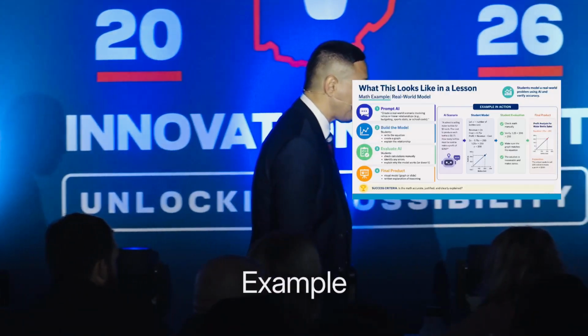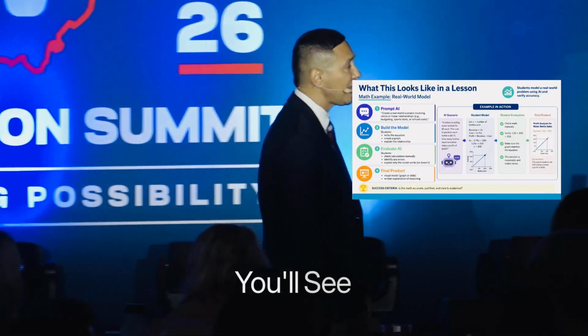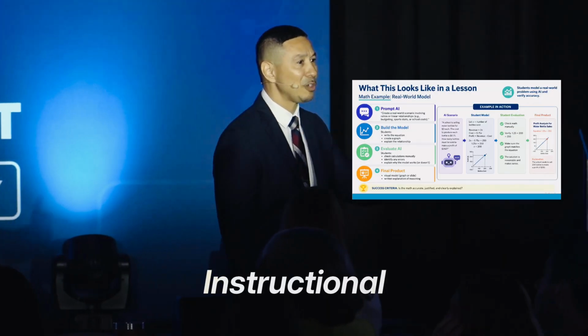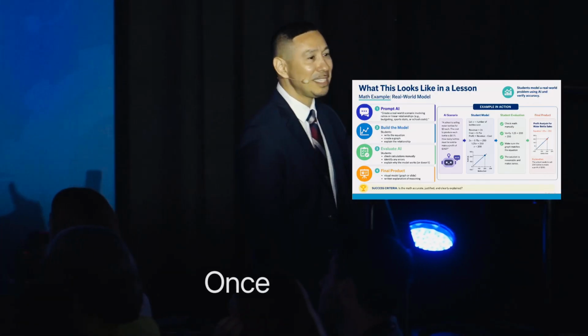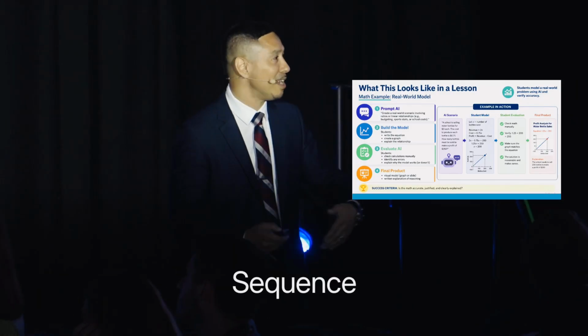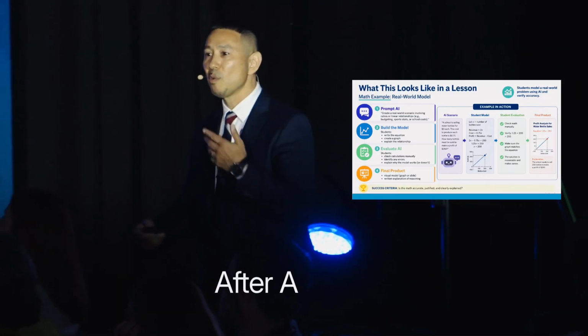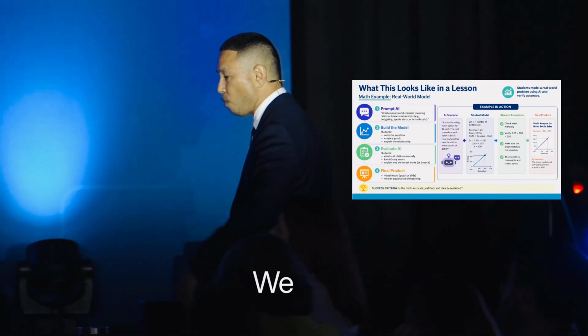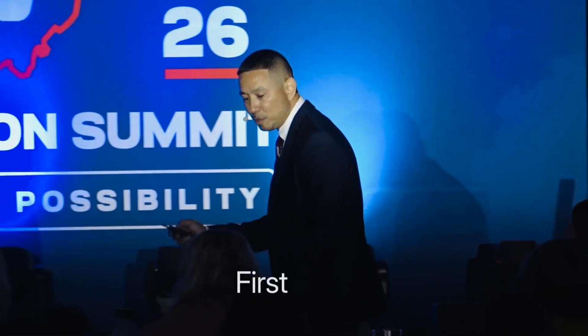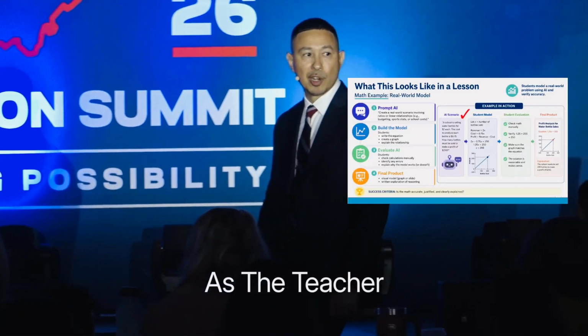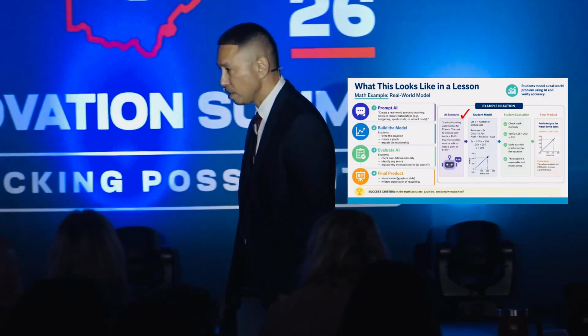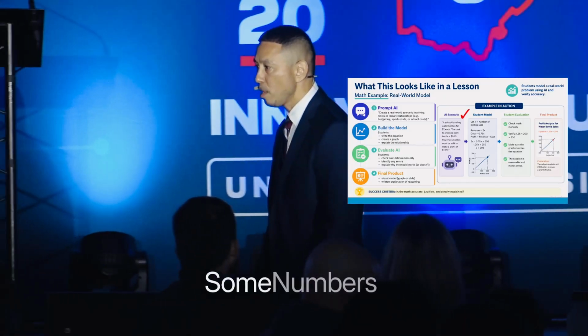In the math example, again on the left, you'll see a repeatable instructional sequence. Once the kids follow the sequence, and you do too, after a while, it just becomes part of what we do. And then the first step, as the teacher, you're going to give your students some parameters, some numbers.